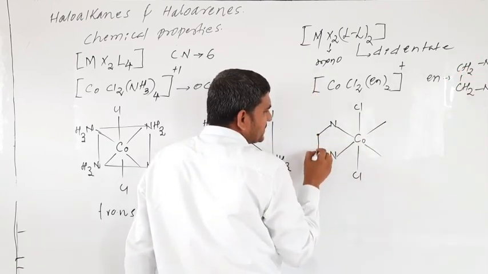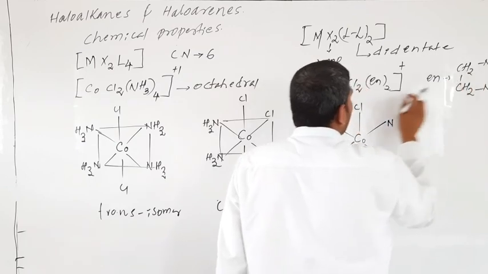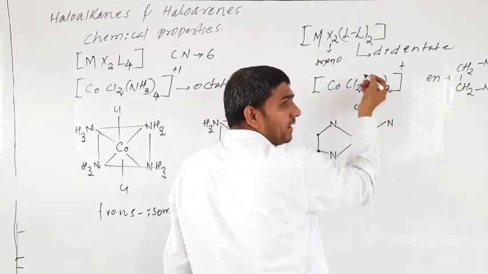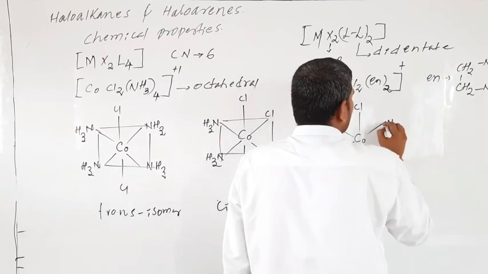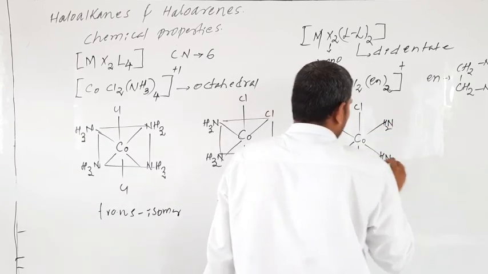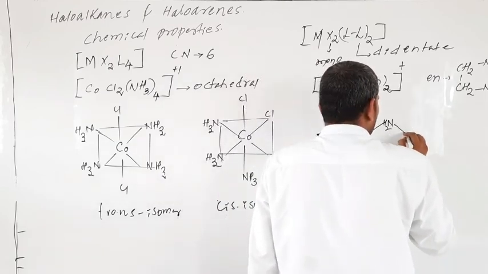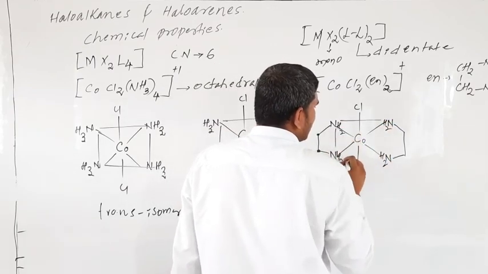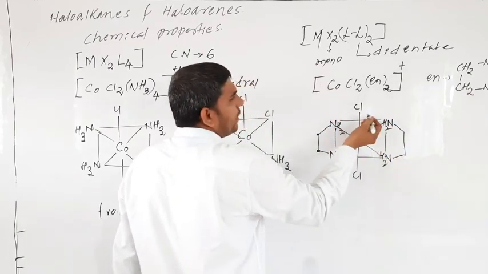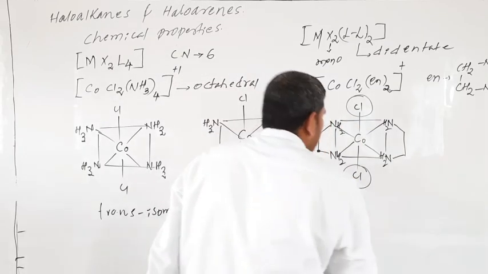This is one CH2, this is another CH2. Over here also the same. Two diethylamine ligands are there, and we have to represent those two. If you observe this, they are exactly opposite to each other. This is trans.